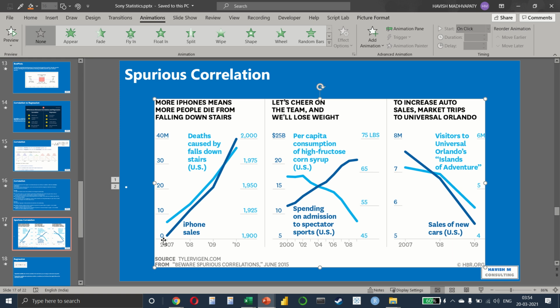From my experience, I have seen a lot of cases where organizations have decided to reduce training expenditure because they see that that does not have a significant impact on performance, but that turns out to be a bad idea. So negative or positive correlation should always be taken with a pinch of salt, and there should always be some supplementary research to understand how important that correlation is to you and also whether you should trust it or not.